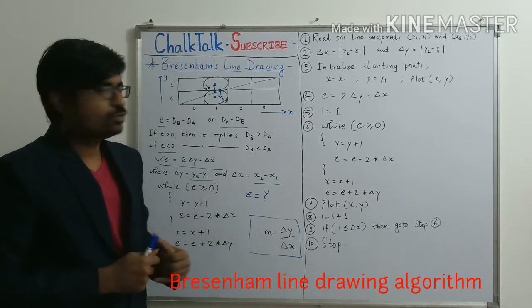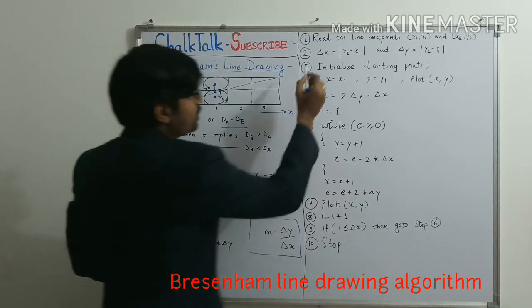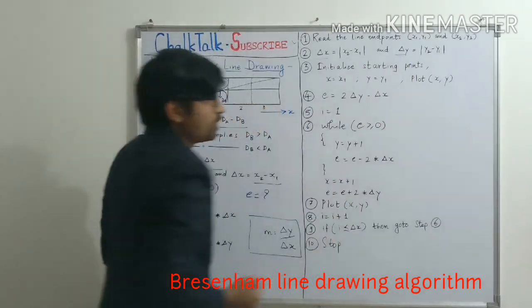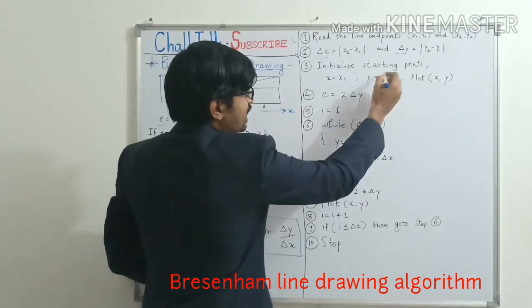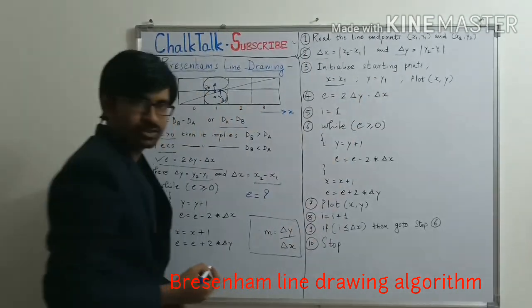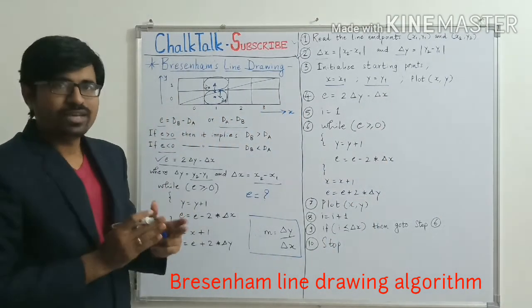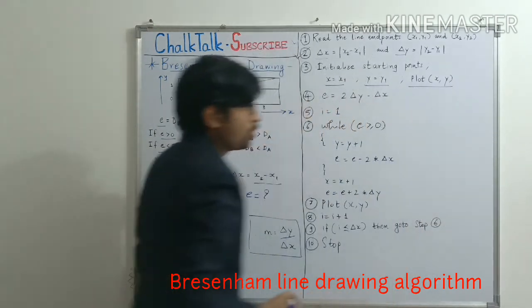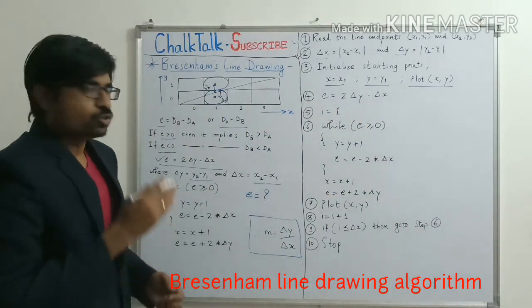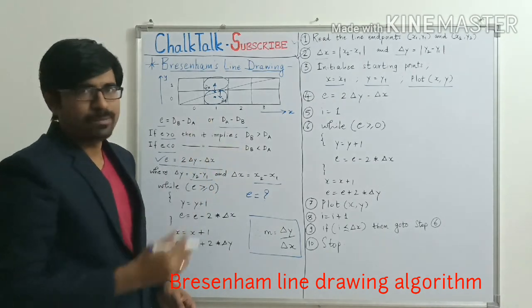Depending upon these values, you calculate del x and del y. Then you initialize the starting point, that is x equals x1 and y equals y1, and we plot that on the screen with the plot function, plot x comma y.